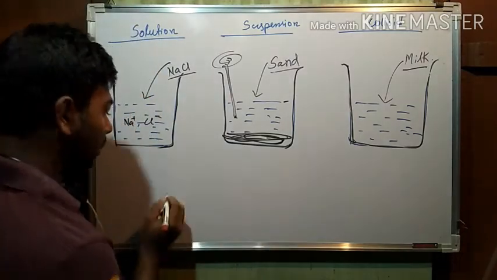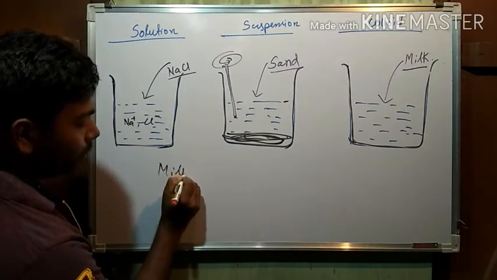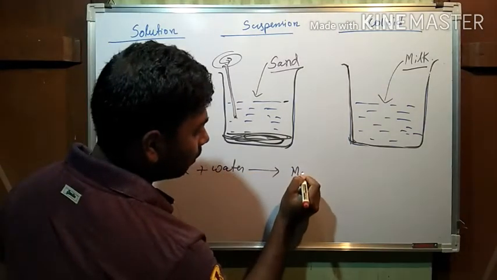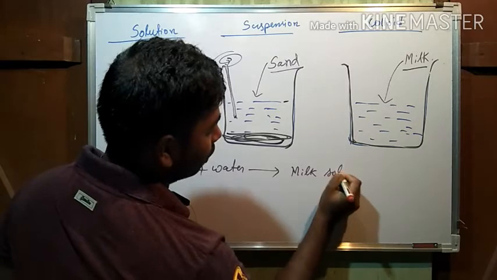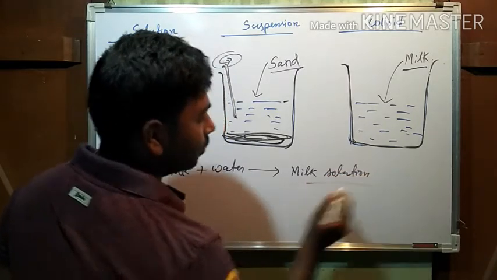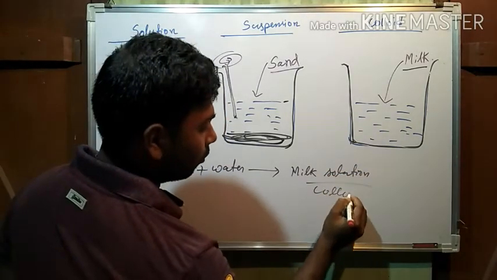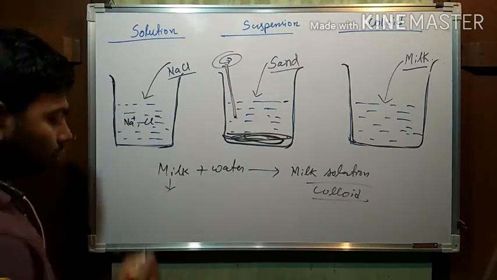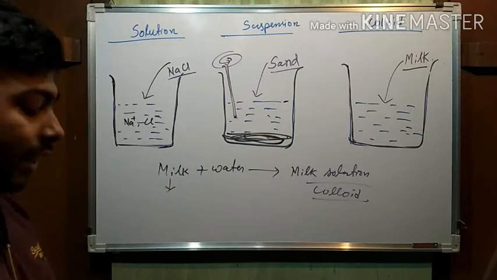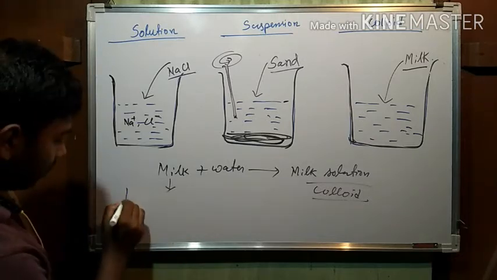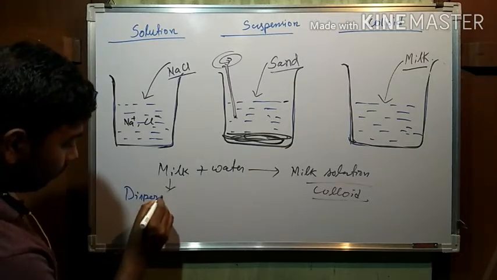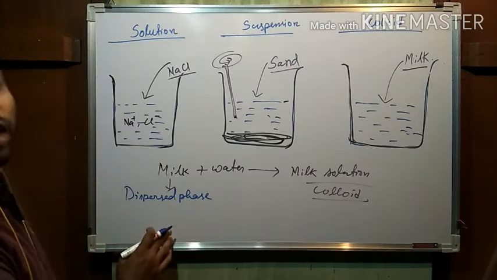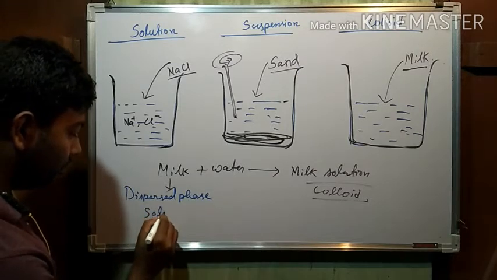Milk plus water is the mixed solution, the colloid, but this milk is known as the dispersed phase, nothing but the solid.